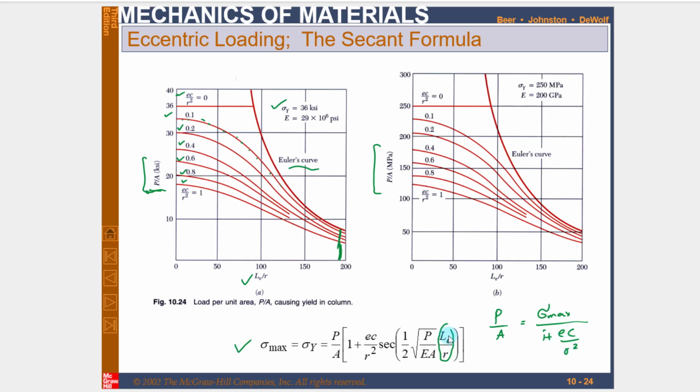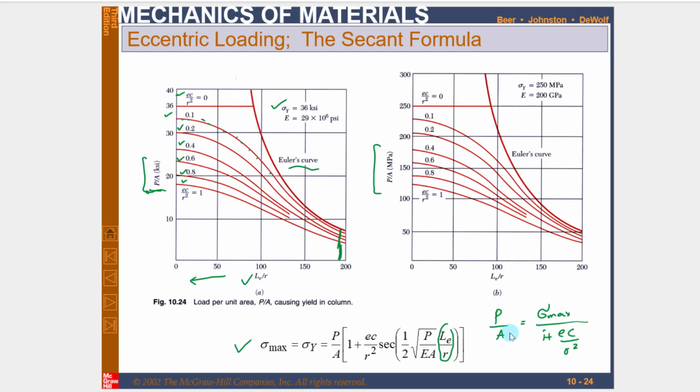So if this LE over R is small, you are talking about this area. So if LE over R is small, so secant of this value will be equal to 1, and we will get P by A is equal to sigma max divided by 1 plus EC over R square. And this value can be obtained by neglecting the effect of lateral deflection of the column.